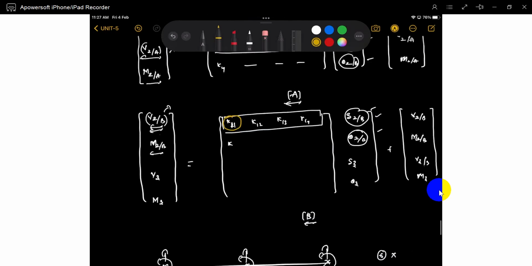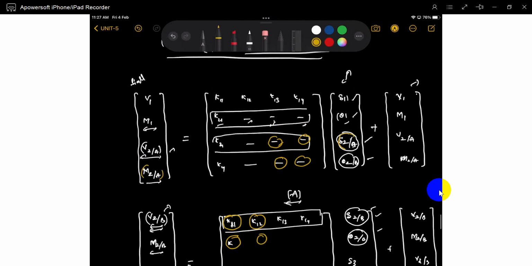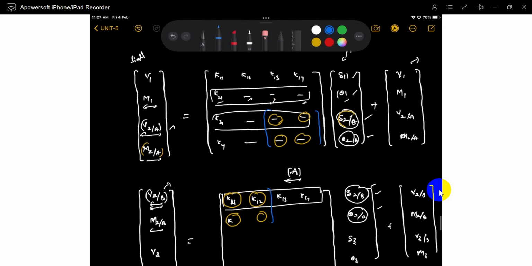K34 and K12, these two will add, are understood? So for the M2 also, this value and this value will add. So this last 2 will add these 2.